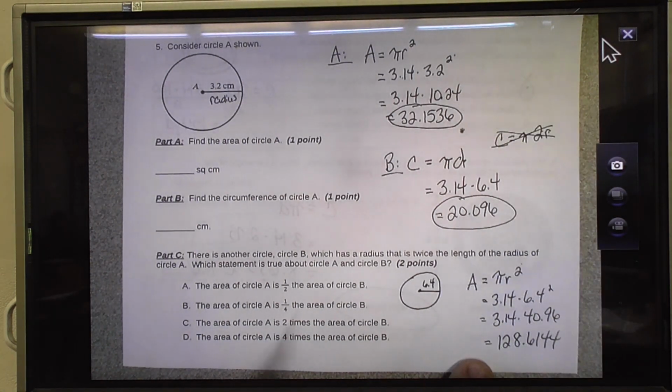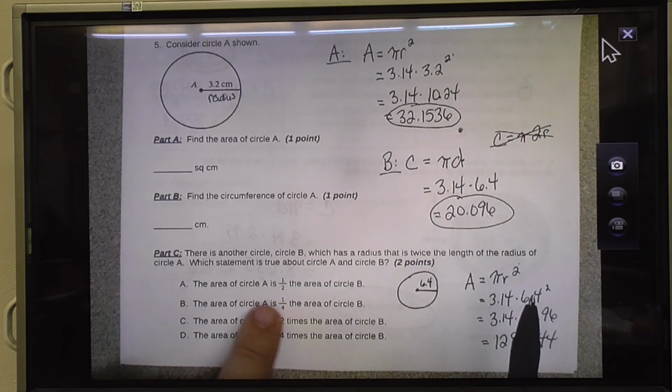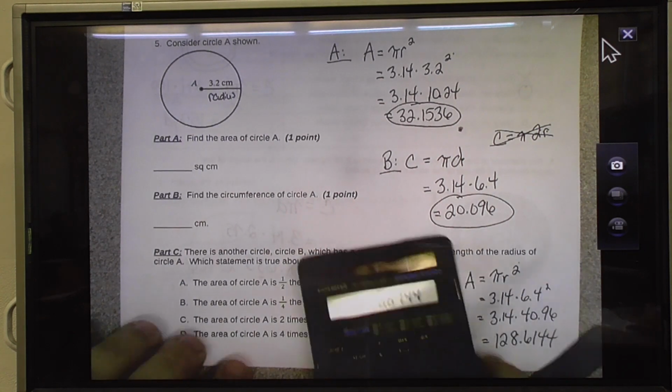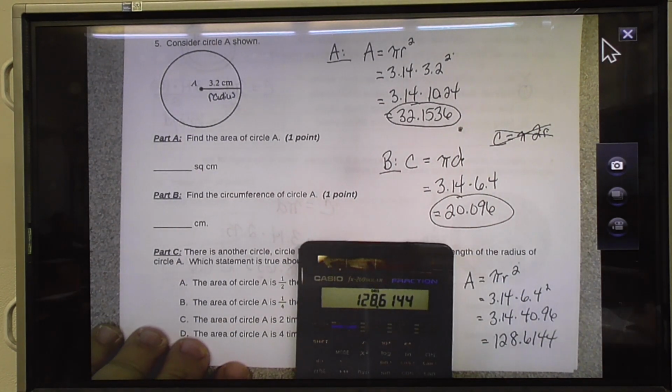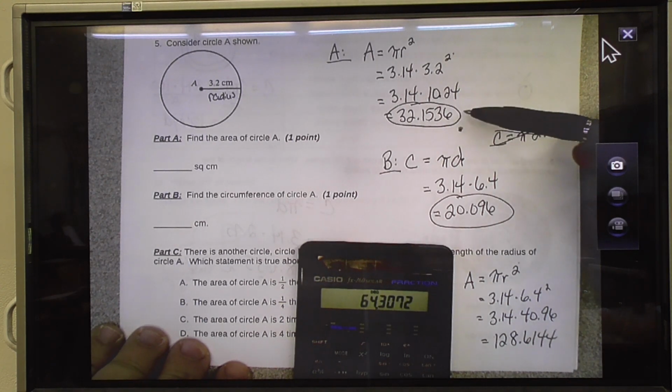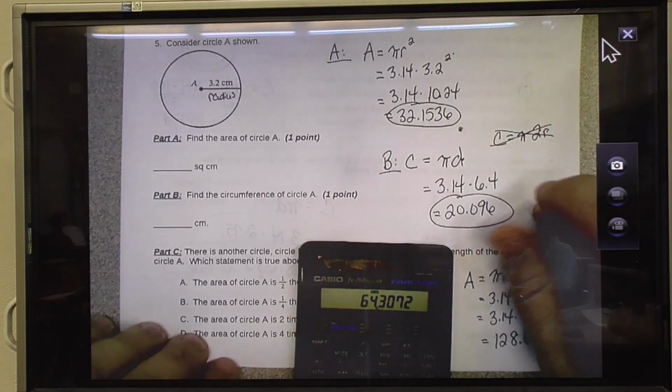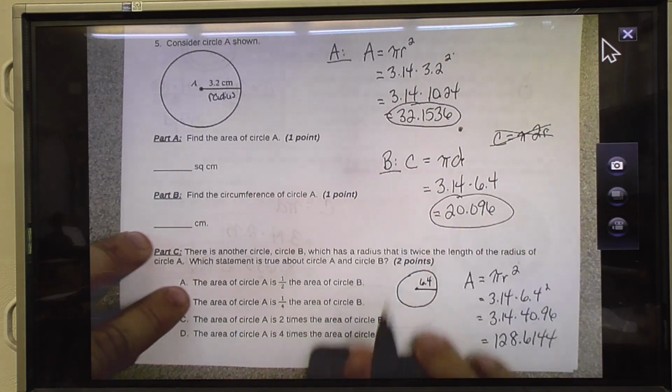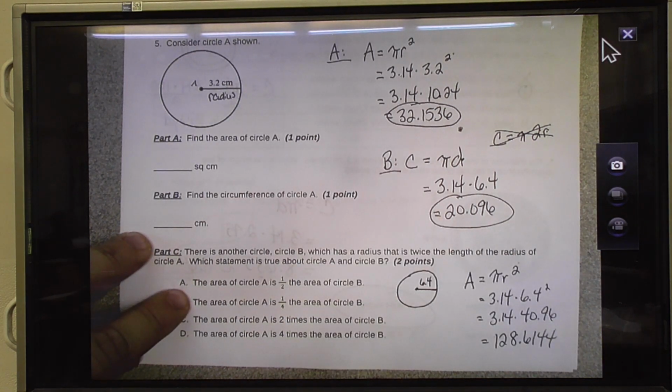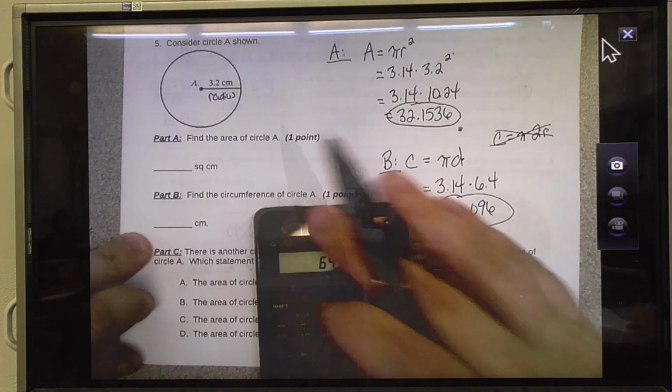So here's the area for that one. Here's the area for this one. And now I got to figure out which one of these is true. So is the area of circle A half of this one? Well, let's see. Here's B. If I divide it by 2, that would be half. Is that half? No. Part B says the area of circle A is 1/4 of circle B. Okay.